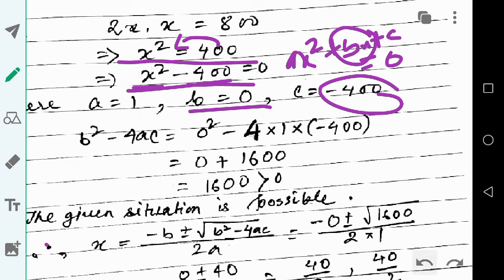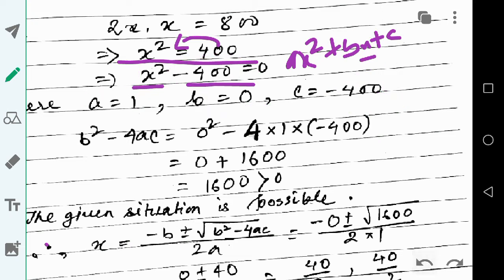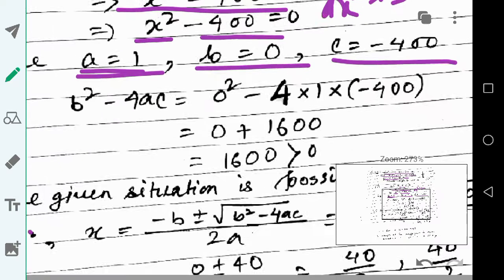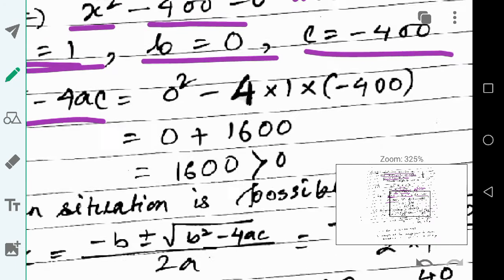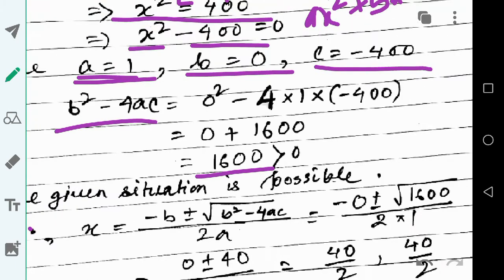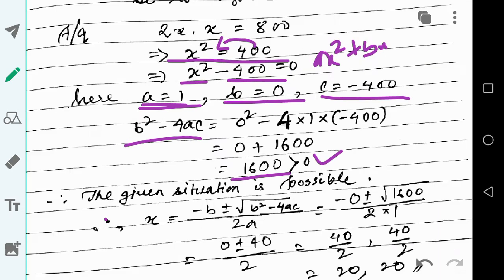So we have got b is equal to 0. Now putting those values of a, b and c in b square minus 4ac, we have got the result 1600. 1600 is greater than 0, it is a positive value, that's why the given situation is possible.